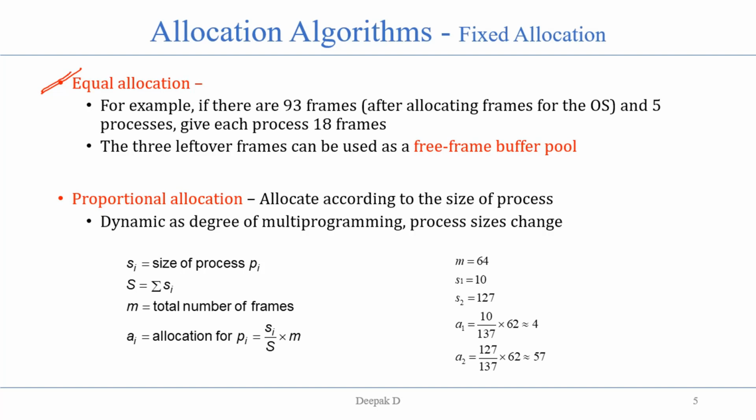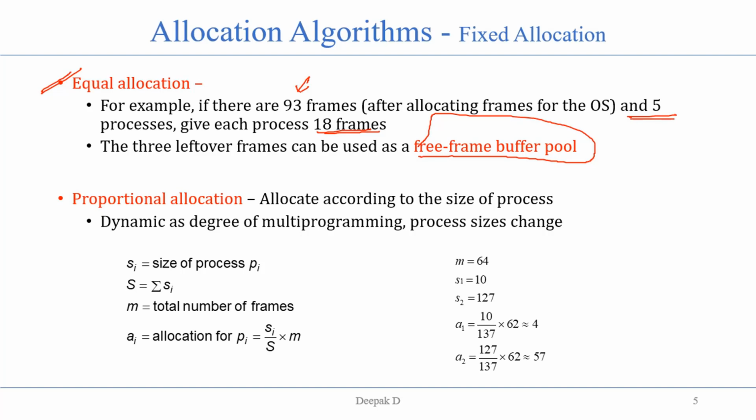If there are 93 frames and I want to allocate these 93 frames among 5 processes, each process will get 18 frames, and there are 3 frames left over that can be used as a free frame buffer pool. So this scheme is called equal allocation.